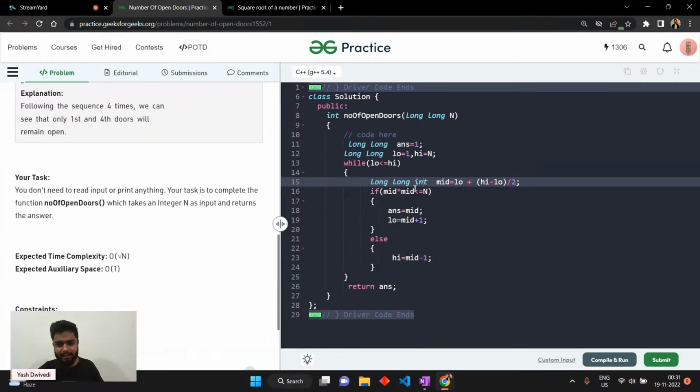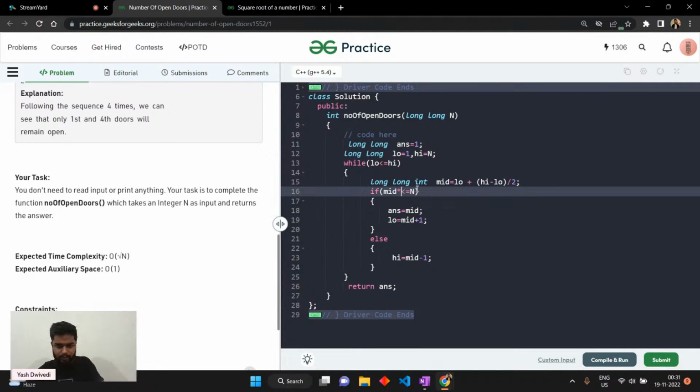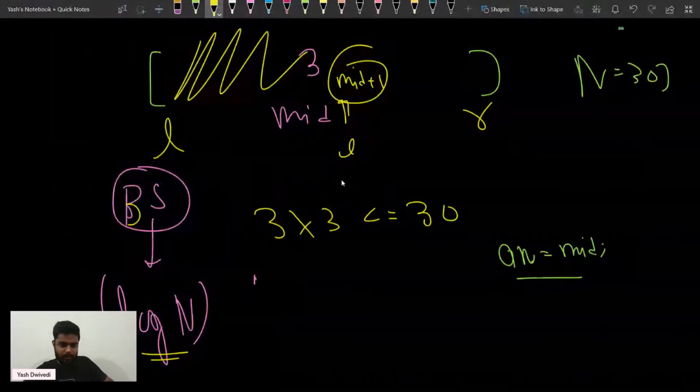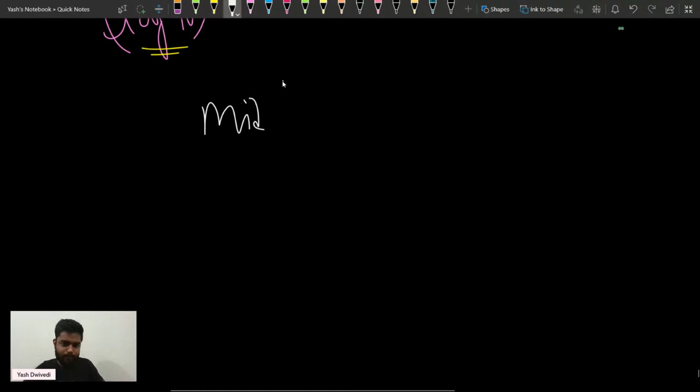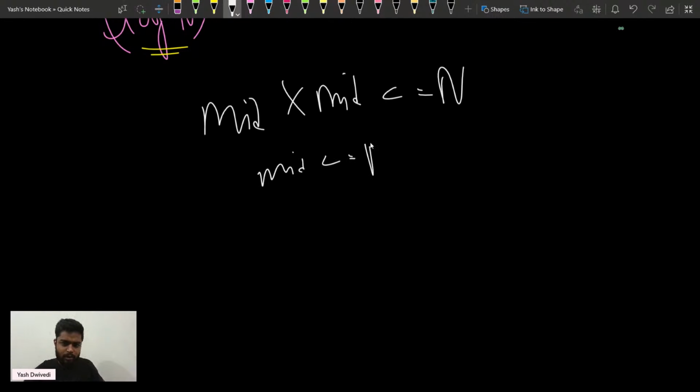So yeah, I think what I can do here is that I can check it like this. If I have mid into mid, if it is lesser equal to n, right? So I can check it like mid is lesser equal to n divided by mid.